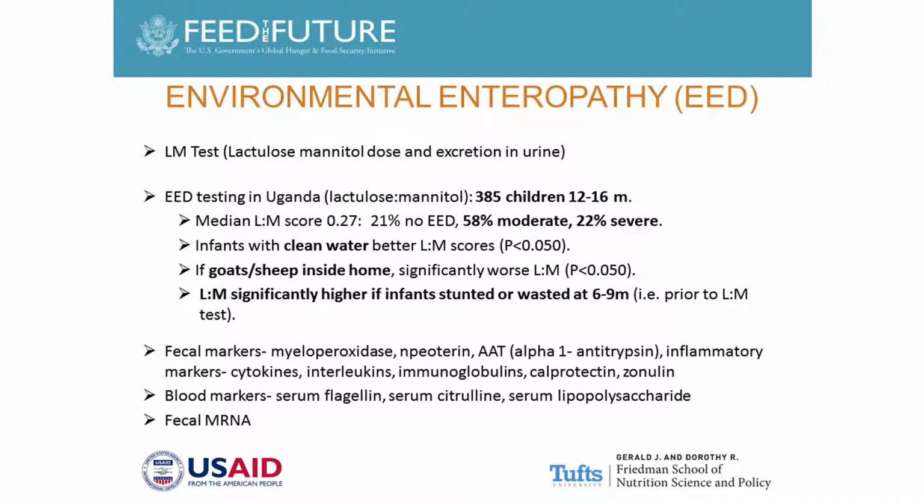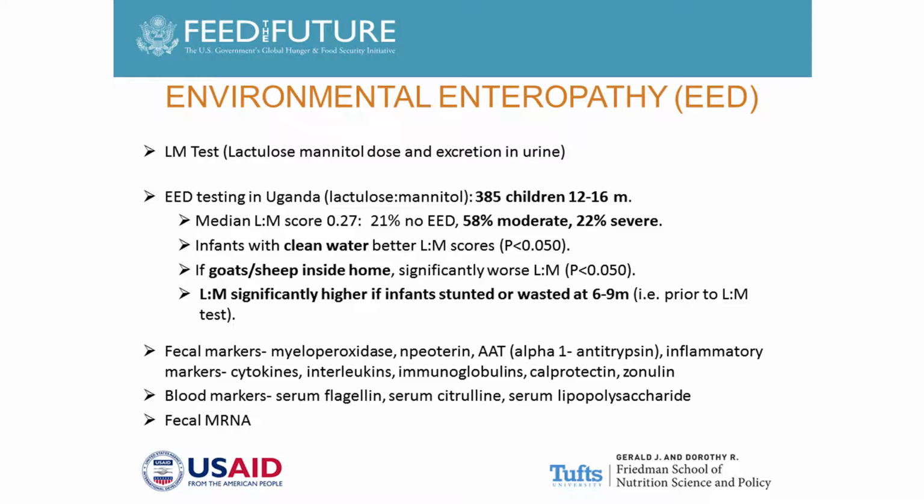But what do we know about the LM test and stunting? We do have some data from Uganda. This is our own study. One of our graduate students is working in Uganda, and she has done the LM tests in about 385 children who were about 12 to 16 months. And what's very interesting, these are rural Ugandan children from the southwest of Uganda.